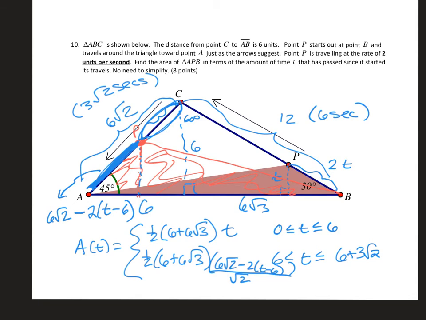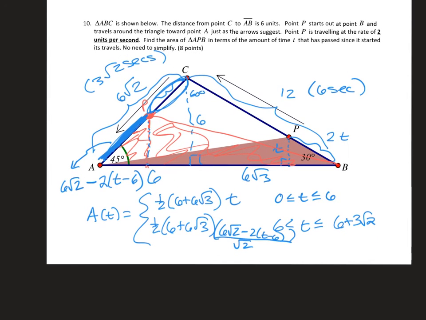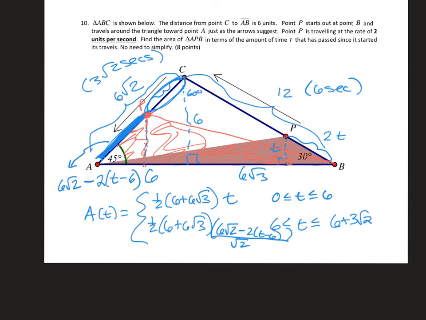Another way to think about it is in terms of time. Let me show you. So again, 1/2 base. I'm still going to divide by root 2, but in terms of figuring out this piece, the rate is 2.